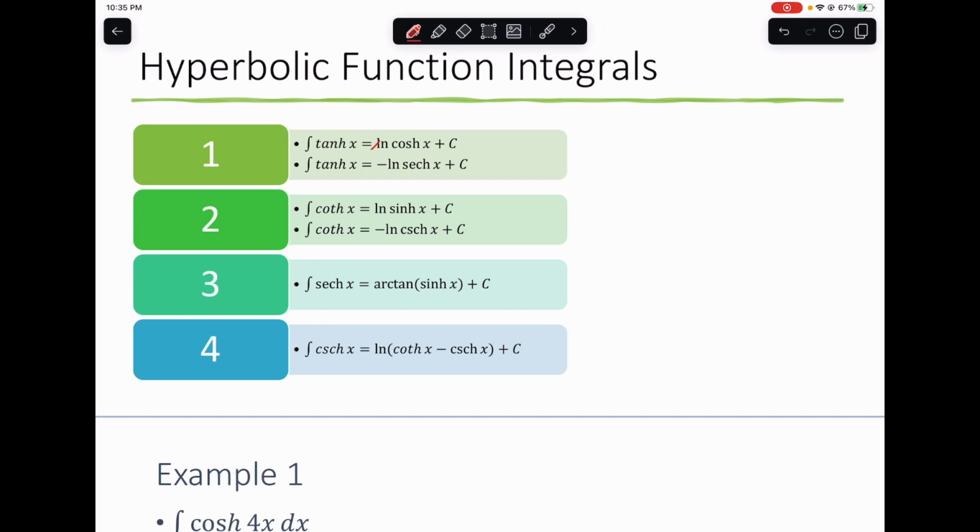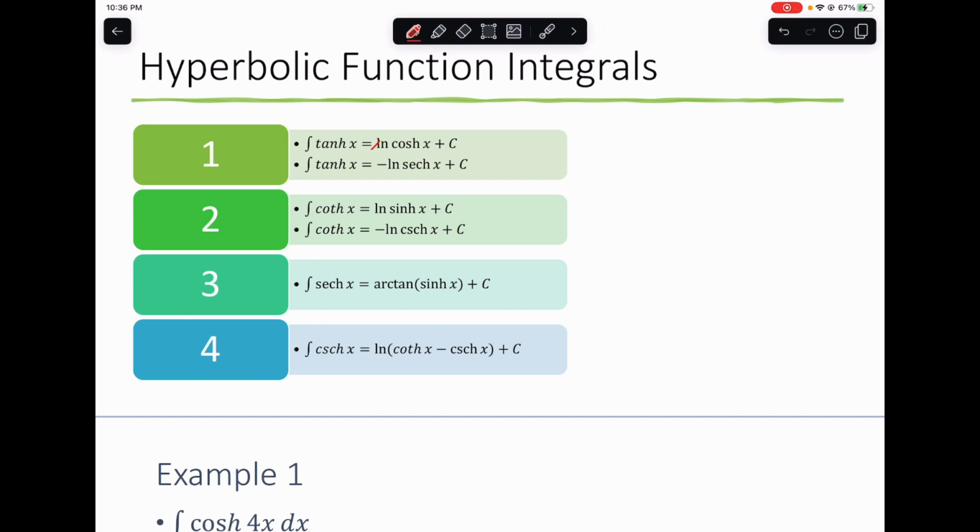But for the trigo, that is negative, so we make it negative, which becomes negative ln secant of x. For cotangent, it's the same as that of the trigo, which is ln hyperbolic sine of x.